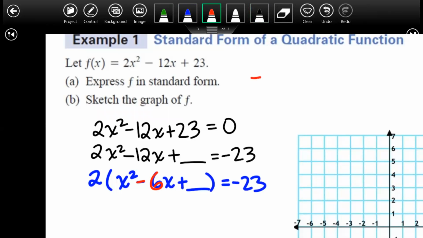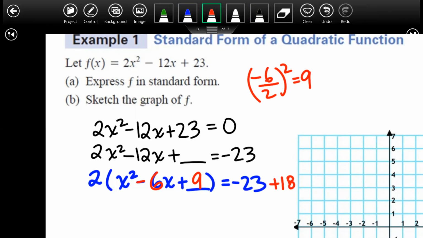Negative 6 divided by 2 squared is going to be that completing the square term, which is going to be what? 9. What I do to one side, add 9, what should I add to the other? Why 18? Because we got the whole number up in front. So essentially we have to multiply these two that we're adding in. So 2 times 9, we got to add 18 to the other side. So we're going to add 18 here.